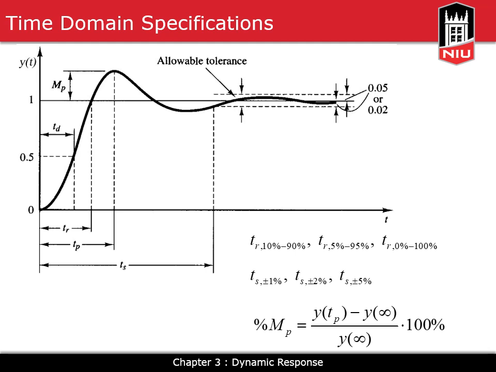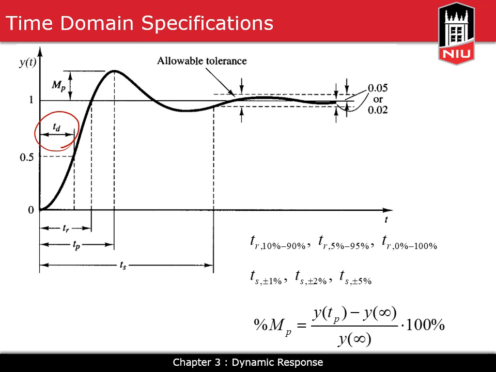For example, delay time, TD, as we said, is the amount of time the response takes to go from 0 to half of its final value. The final value in here is assumed to be 1, which is the case in most situations. If the final value is, for example, 4, then half of that is 2, not 0.5. Pay attention to that.